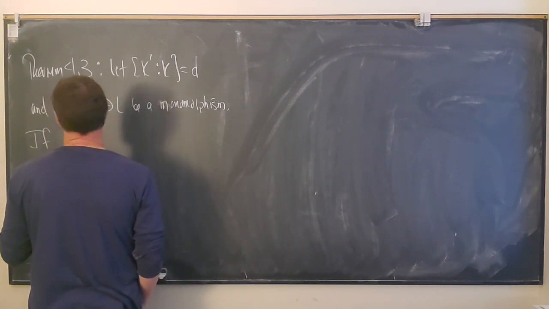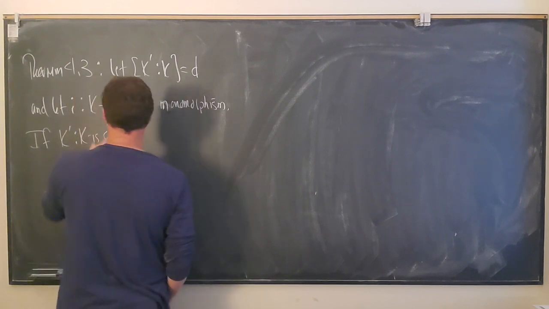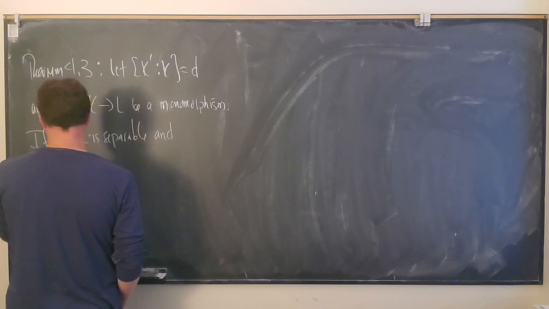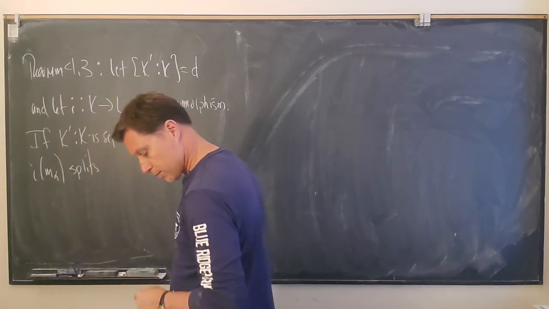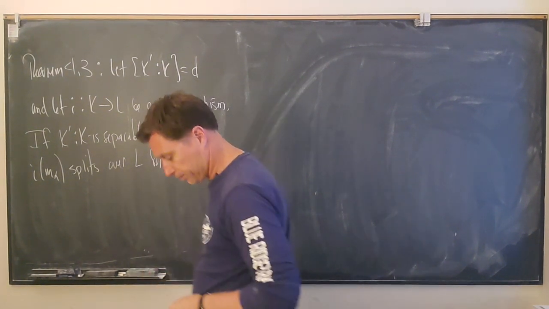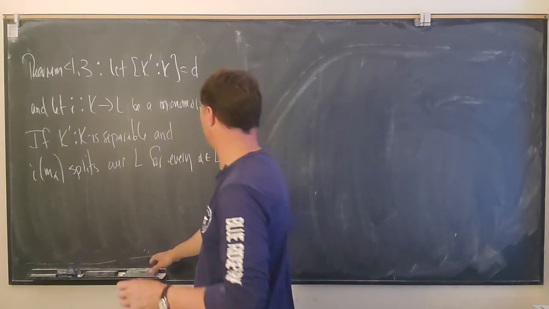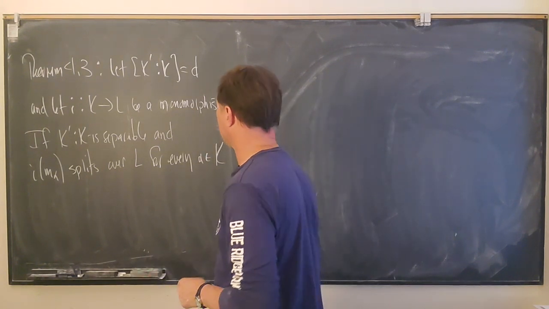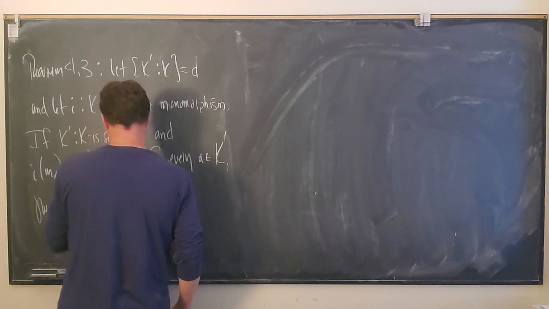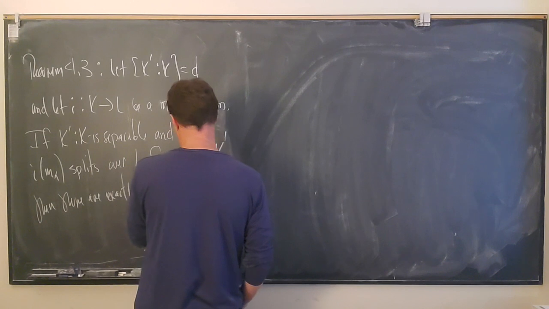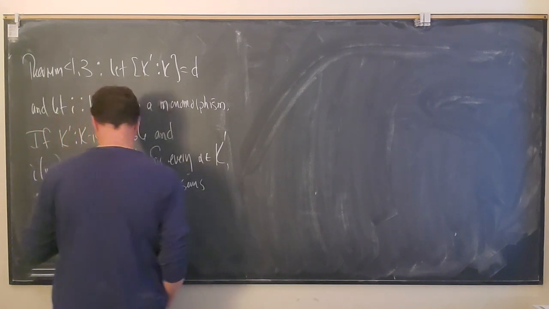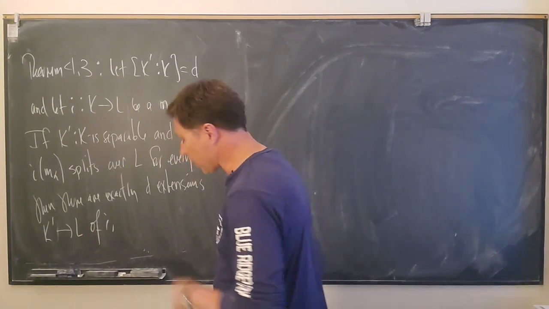If k prime over k is separable, and I of m sub alpha splits over L for every alpha in k prime, then there are exactly d extensions from k prime into L of I. Otherwise, there are strictly fewer.